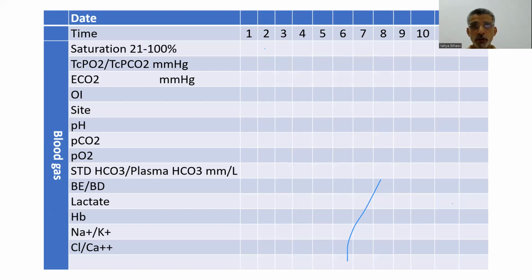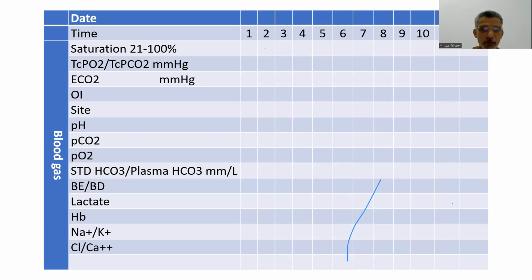And then we write the blood gas. First we write where we got the blood gas from. Is it from the UAC? Is it capillary? Is it radial artery? Where is it taken from? And then we write the pH, the PCO2, the PO2, and the bicarb, which usually is of two types. The first is called standard bicarb, which is measured in the blood gas, and the actual bicarb, which is measured from the serum and usually measured with the electrolytes.